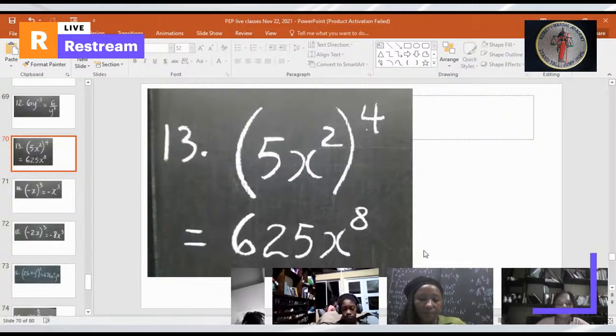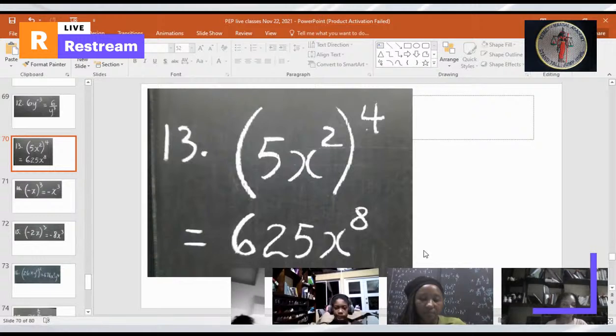Okay, miss, number 13. 5x squared in brackets to the 4th power. So what we would do is multiply every single thing in the bracket 4 times by itself.